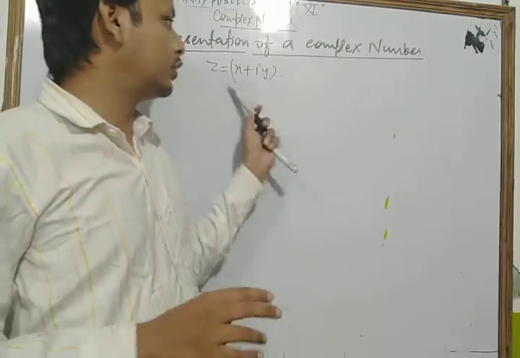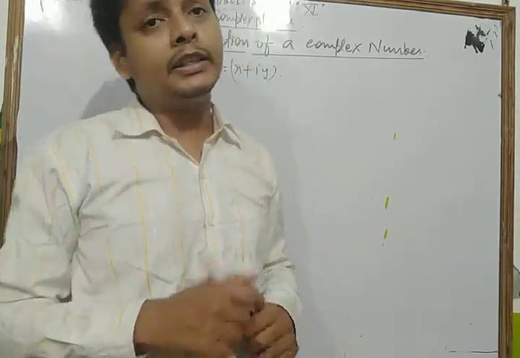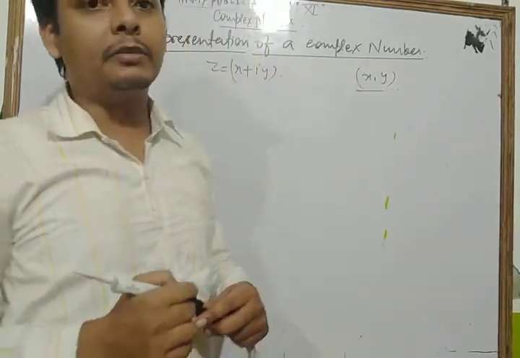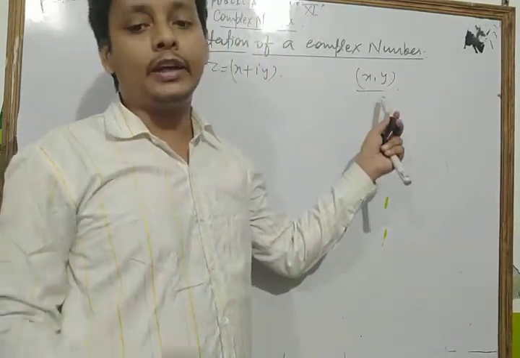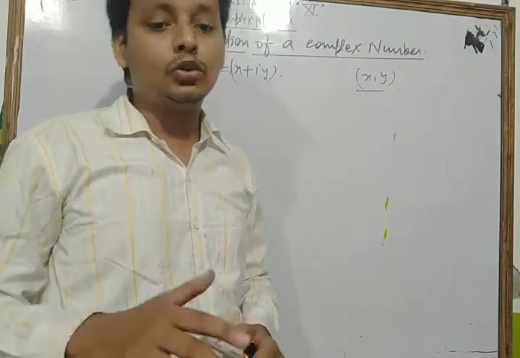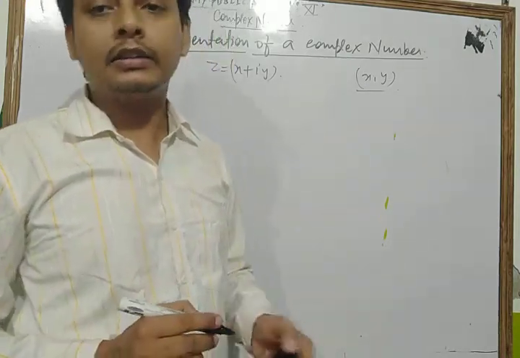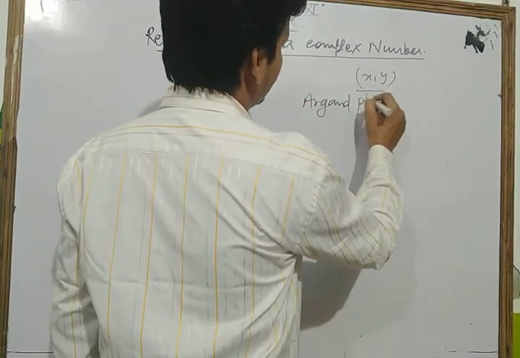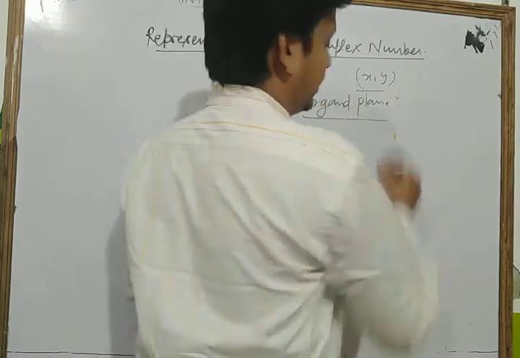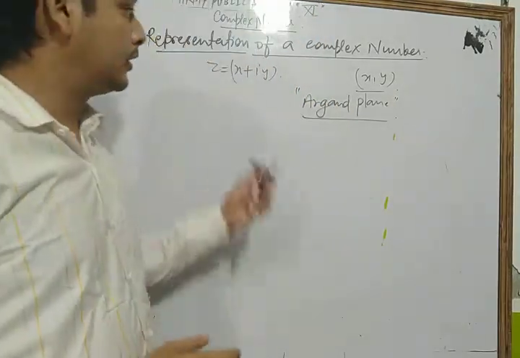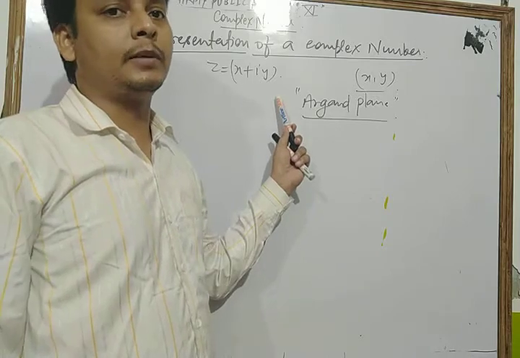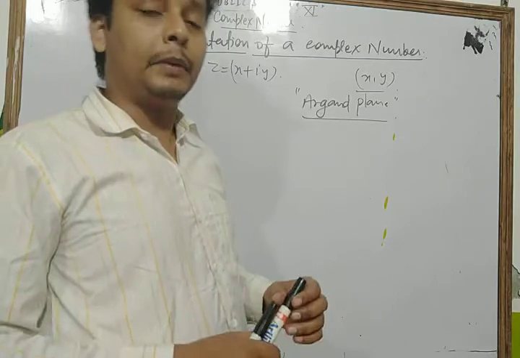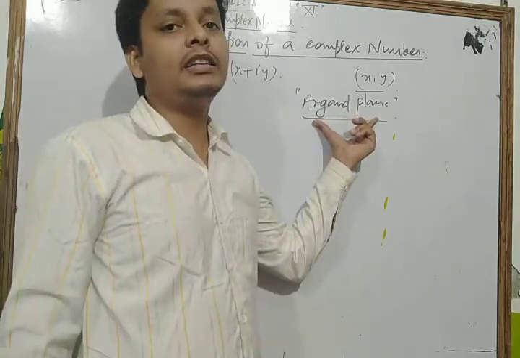Any complex number z is equal to x plus iy can be represented by the point (x, y) on the plane which is known as the Argand plane.